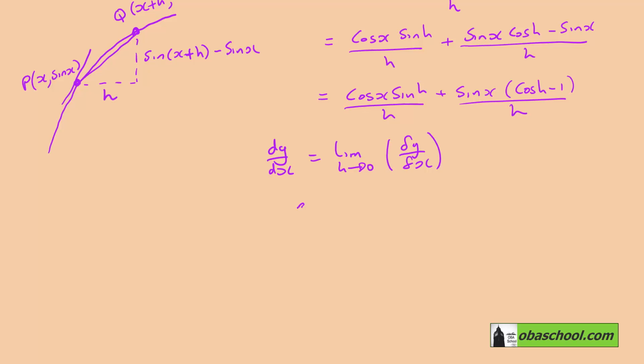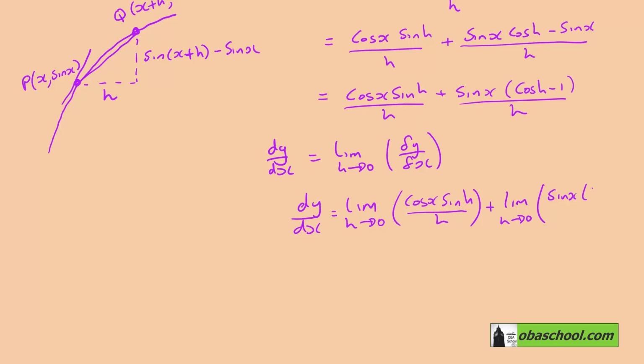So dy/dx would be the limit as h tends to 0 of cos x sine h over h, plus the limit as h tends to 0 of sine x, cos h take away 1 over h.